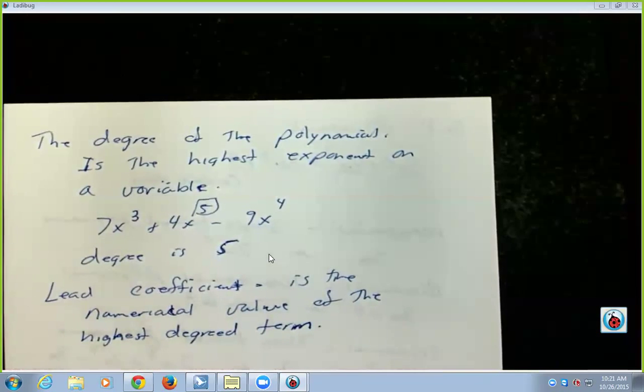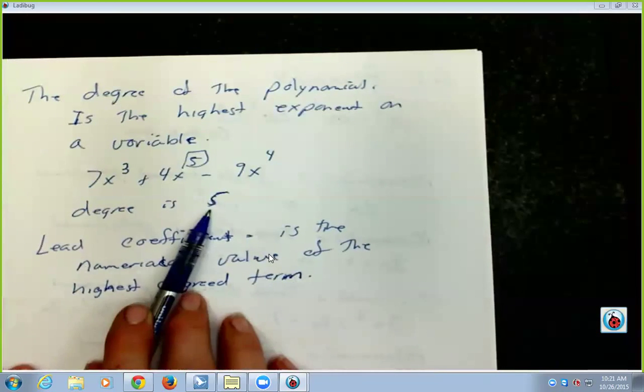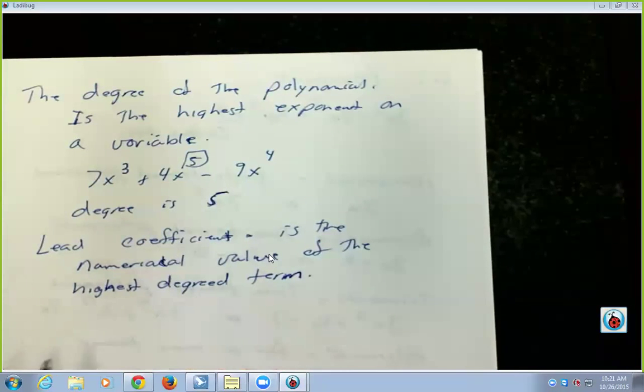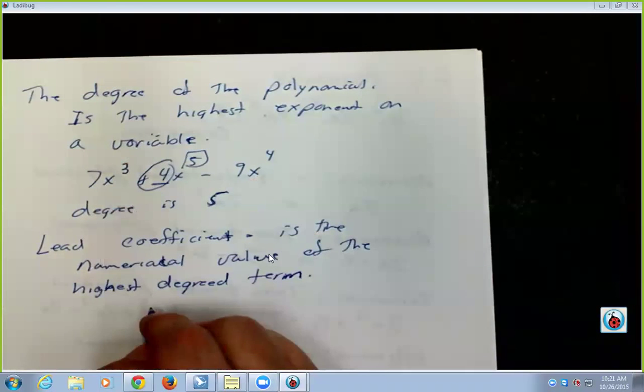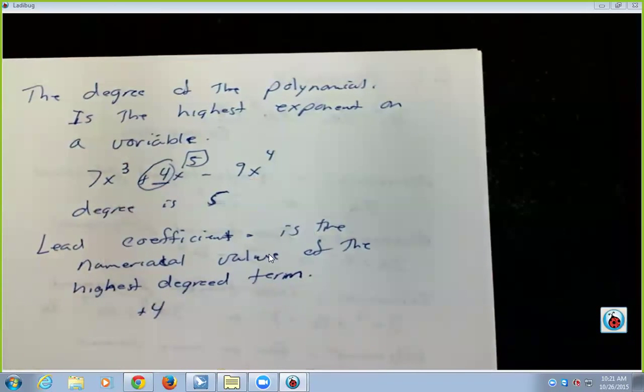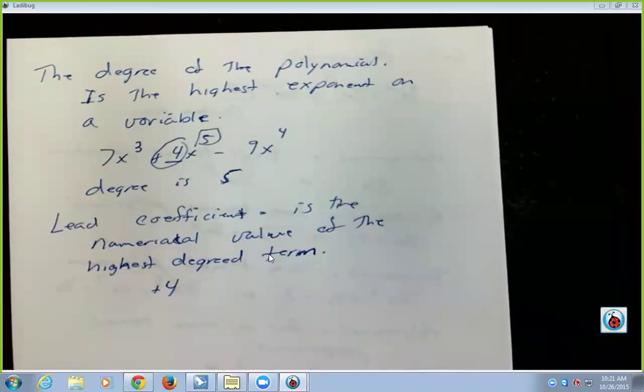So I want to look at that and I want to say, okay, what is the highest degree? The highest degree was 5. So this lead coefficient is going to be a positive 4. Okay, that makes sense? Pretty straightforward, pretty easy stuff there.